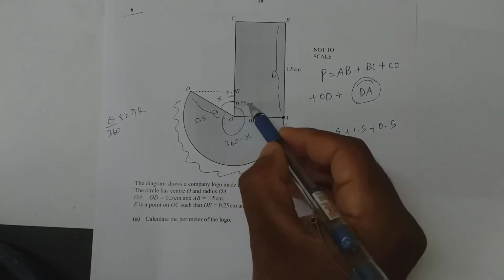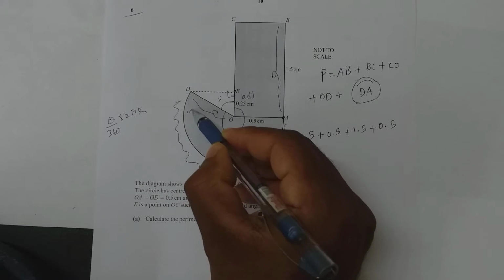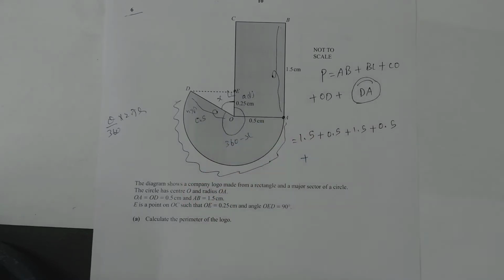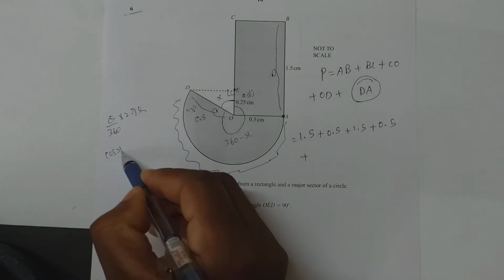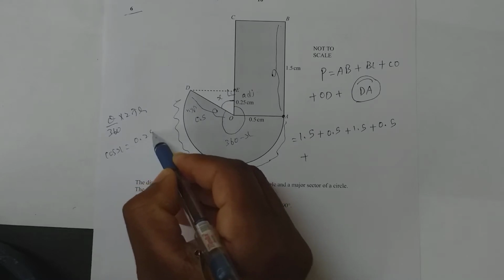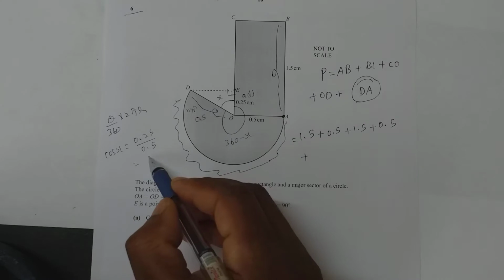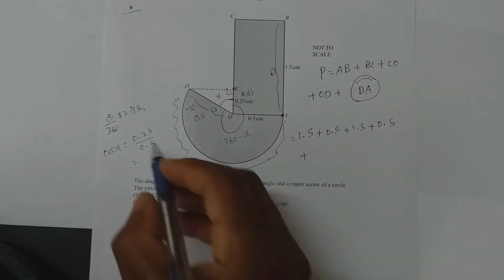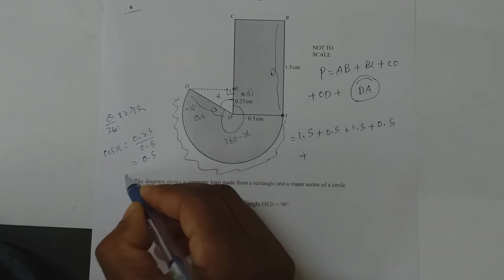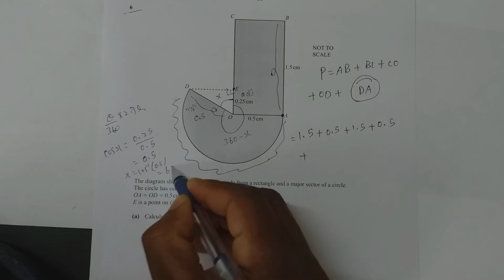To get this angle, I know this is adjacent in this right angle triangle and this is hypotenuse. Relation between adjacent and hypotenuse is cos. So cos x equal to 0.25 by 0.5, which will be 0.5. So x equal to cos inverse of 0.5, which is 60.